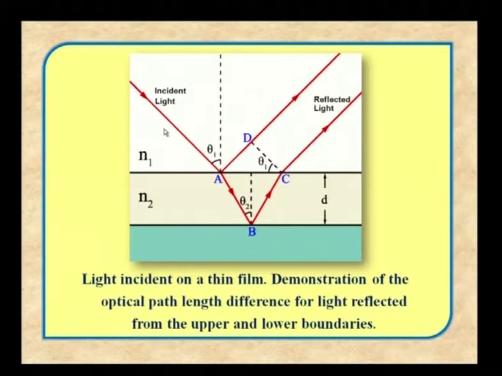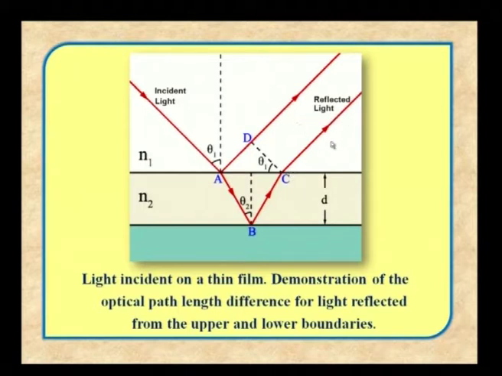So the light is incident on the upper surface of the thin film and gets reflected. Partially it is reflected and partially it is refracted, and the refracted beam is again reflected by the bottom surface of the film, and then it undergoes refraction again.